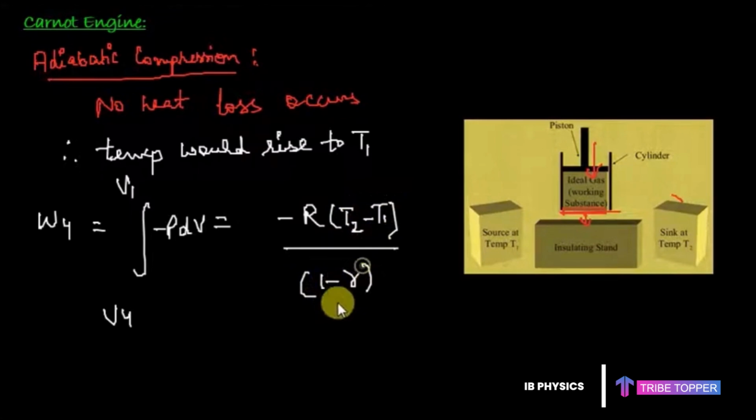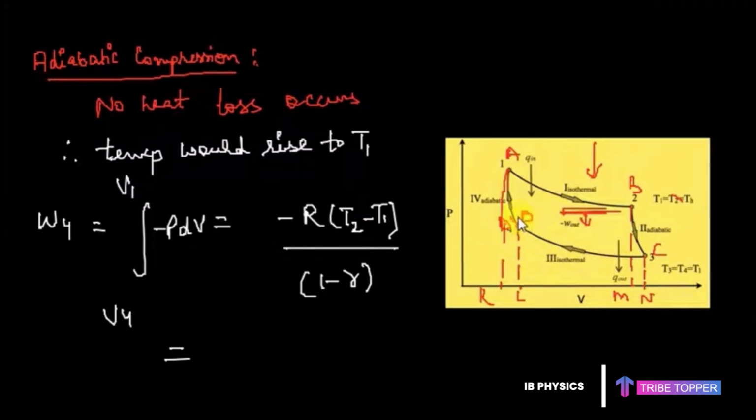And if we want to look at it in terms of the area under the curve, it's going to be the area under the curve dAKLD, that means this area. So we'll write it as negative of area dAKLD. So we have also expressed all the work done in terms of the area under the curve.